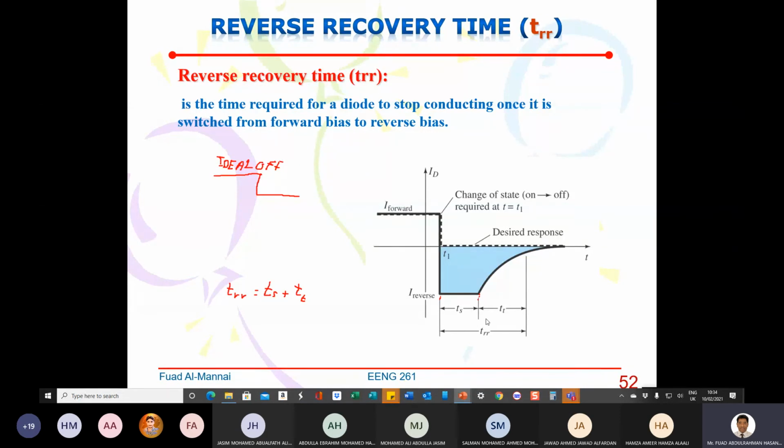So the reverse recovery time, TRR, is equal to TS, the storage time, plus TT, the transient time. This time could be in microseconds.